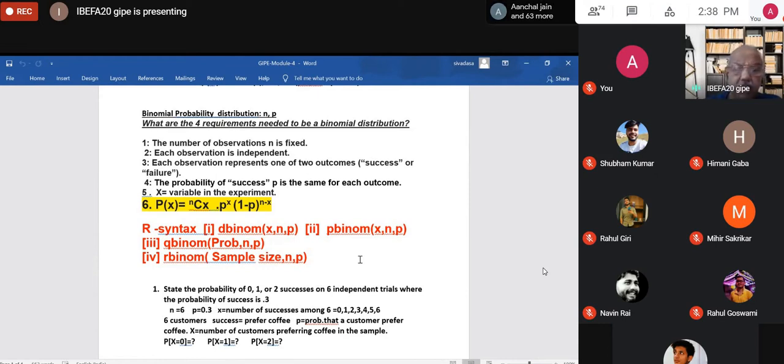52 playing cards. Probability of getting a spade card will be 13/52, because 13 cards are favoring the characteristic spade. 52 is the total.